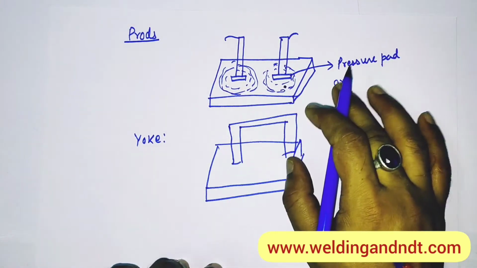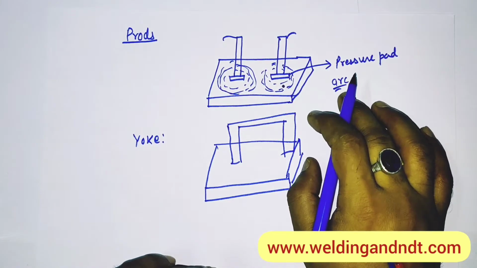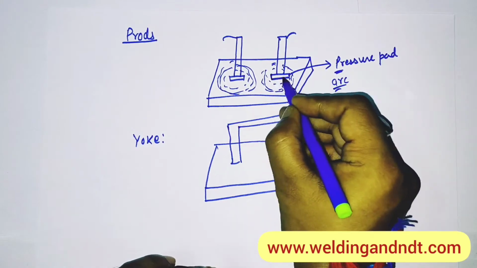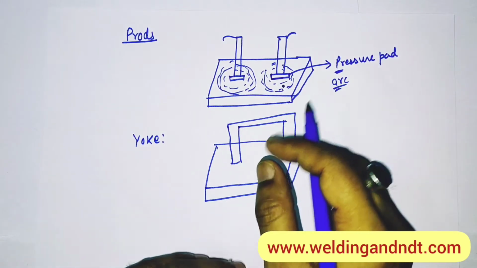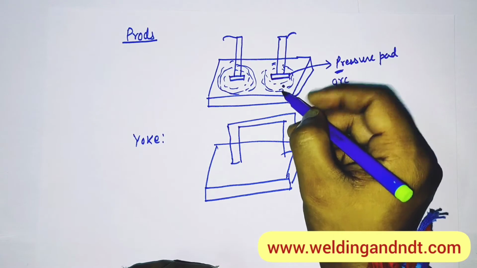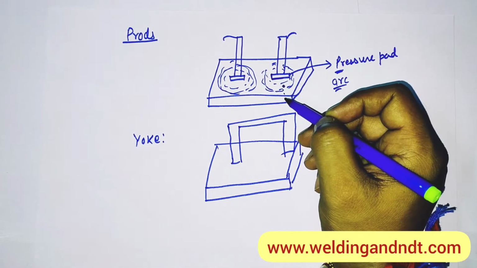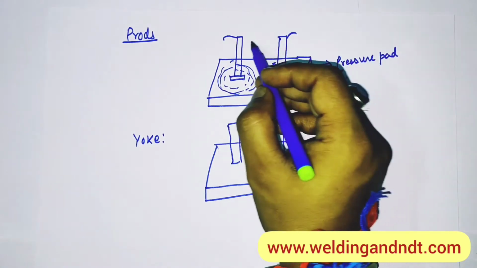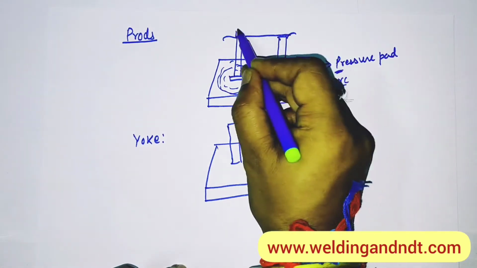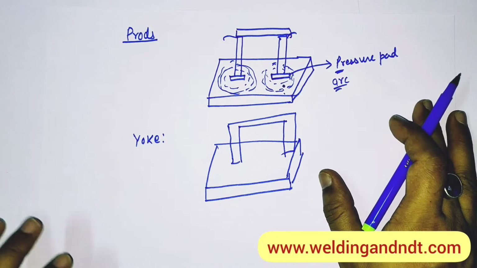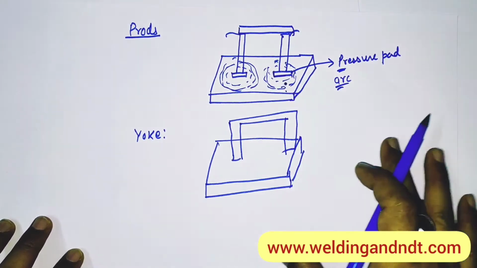We do not want any arc over here. So to prevent this arc, we need pressure pads here. Pressure pads provide better contact between the surface and the prods. And these two prods can be connected also, but the magnetic field is generated in this manner.